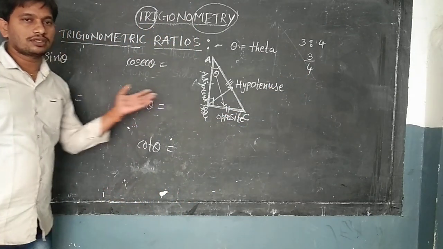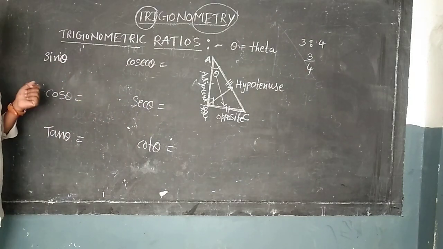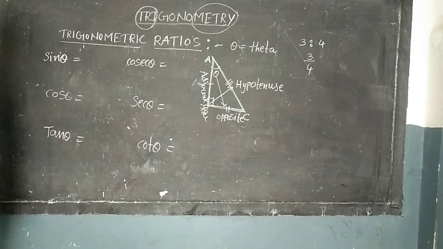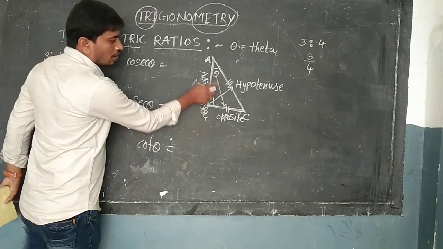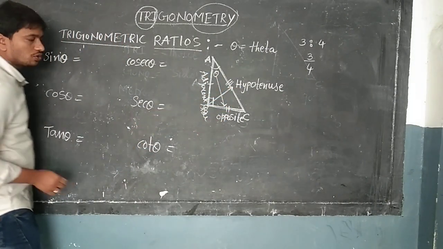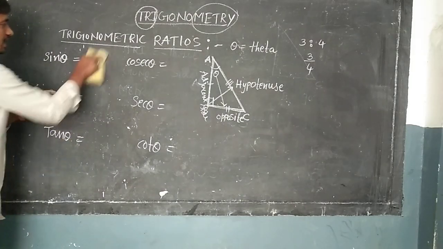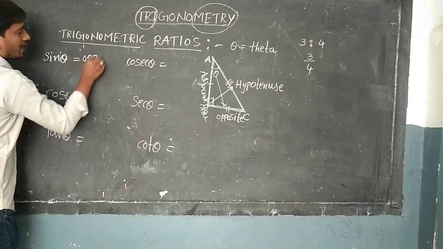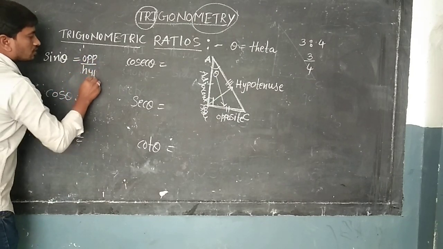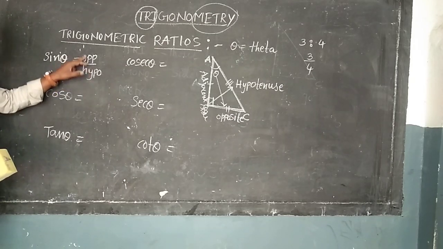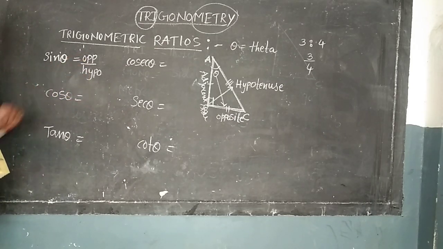Now we have sin theta. Sin theta is nothing but opposite side by hypotenuse. Sin theta is the ratio of the opposite side to the hypotenuse.